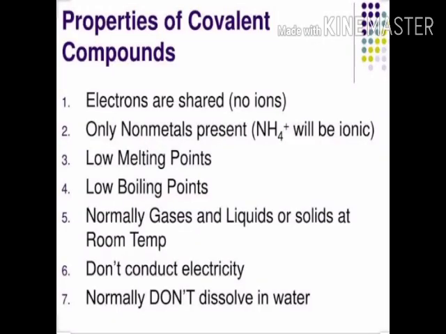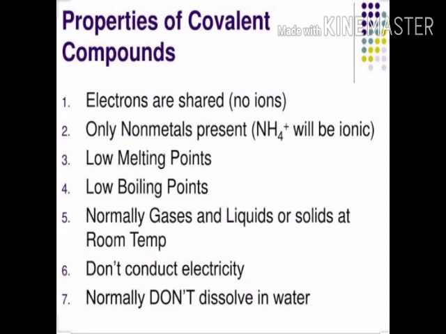Now some properties of covalent bonding. Electrons are shared over here, so no ions. Only non-metals are present. They have low melting points and low boiling points. Normally gases in nature, and some liquids or solids at room temperature. They don't conduct electricity.